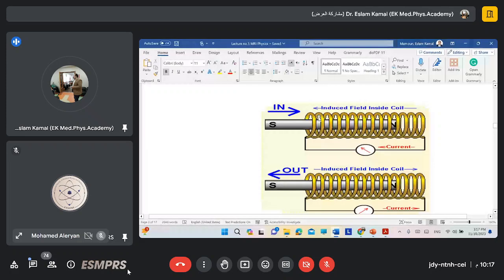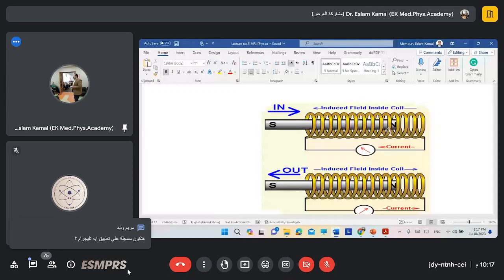So if we have magnetic force initiated inside the patient body, and we bring the organ of interest inside a certain coil, the magnetic force inside the patient body will induce a certain electric signal. This electric signal can be recorded and translated to an image.